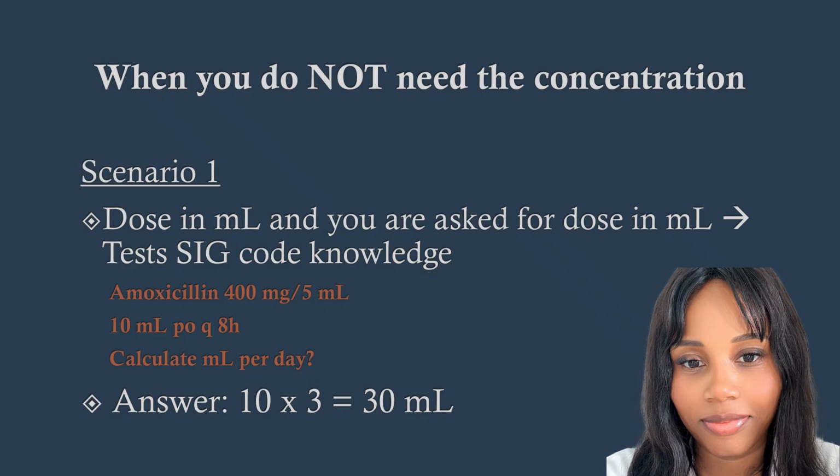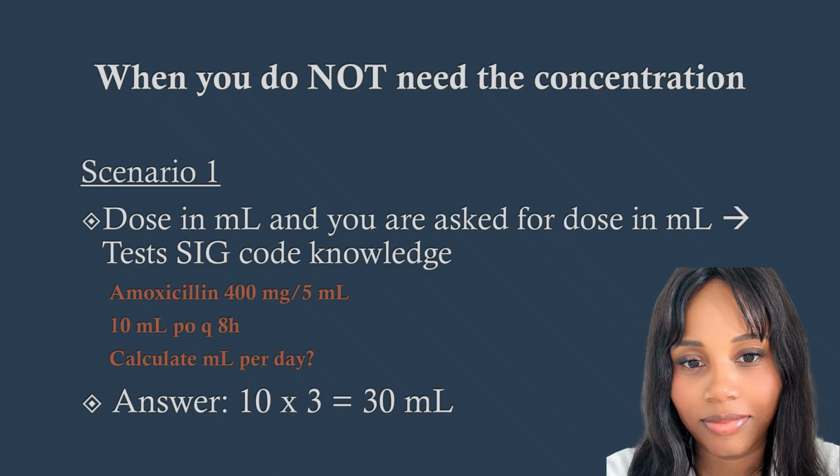You have amoxicillin 400 milligram per 5 ml, 10 ml PO Q8 hours, calculate ml per day. So here we can see that the dose is given in ml. It's 10 ml. What is being asked is also ml. Okay, so same unit. So here you don't need the concentration at all. All this is testing is your SIG code knowledge.